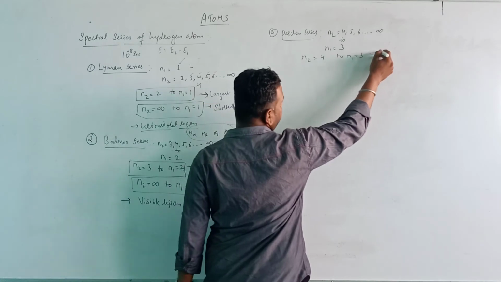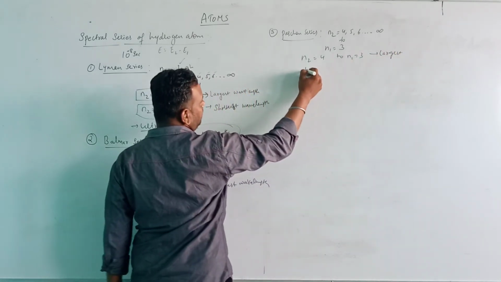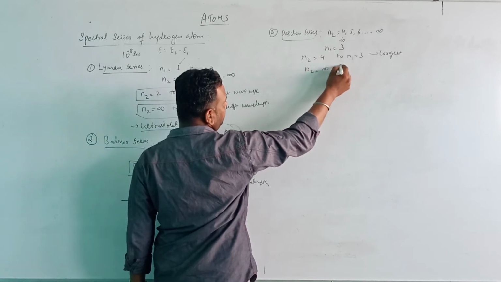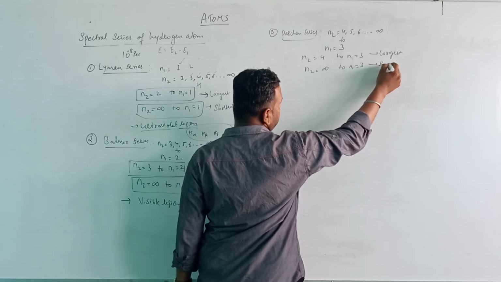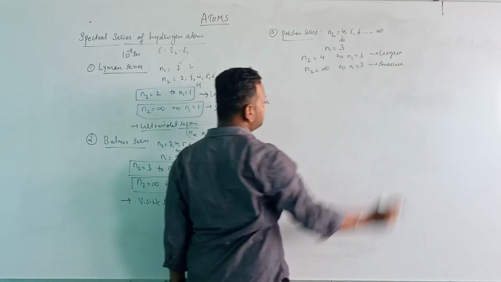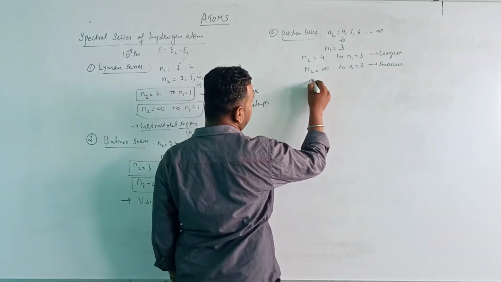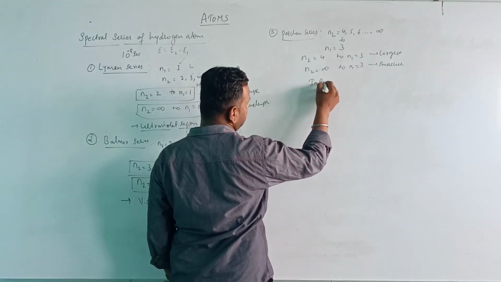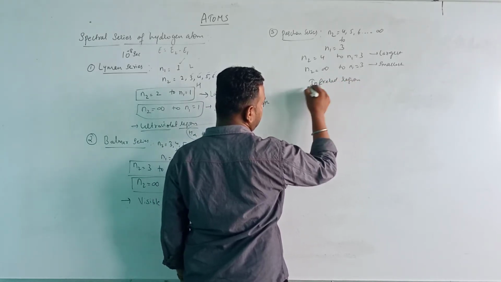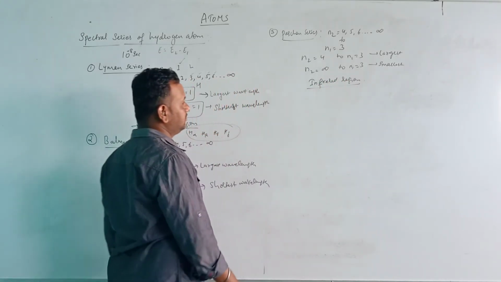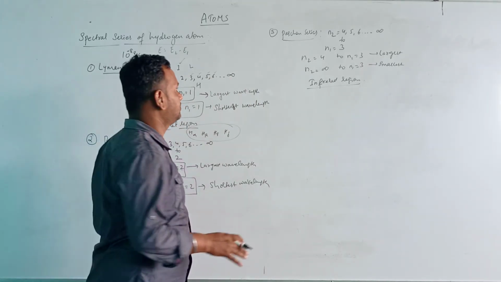For n2 is equal to infinity to n1 is equal to 3, it is the smallest. This Paschen series we can see under the infrared region. So this is all about the Paschen series.